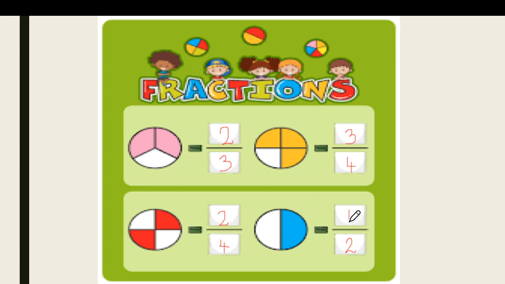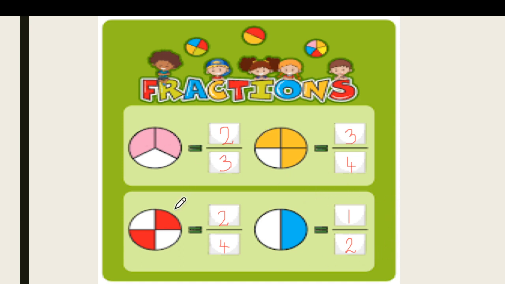1 only. Now, between these fractions, we have 3 fractions that are non-unit fractions. This one, and this one, because they have more than one part shaded. But this one has only one part shaded. This fraction is called unit fraction.